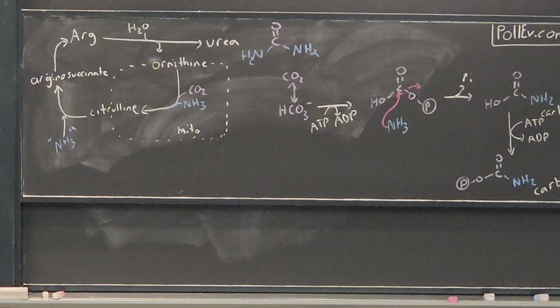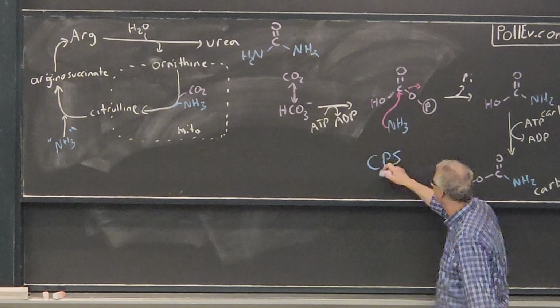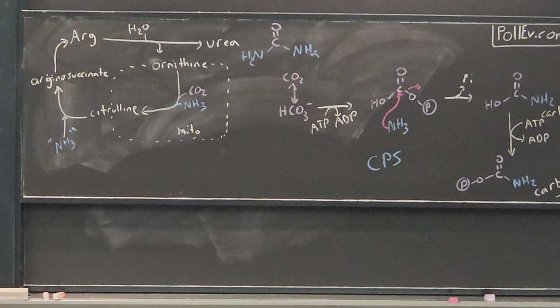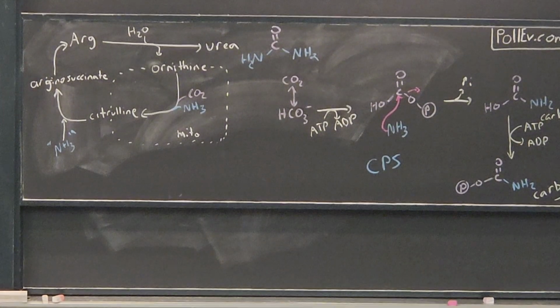All right, so carbamoyl phosphate: this entire set of reactions, basically CO2 and ammonia, 2 ATP, everything that I drew here is catalyzed by an enzyme called CPS, or carbamoyl phosphate synthase. Names of the enzymes are not that important, but carbamoyl phosphate is what's generated in the mitochondria. So conditions in the mitochondria help you generate carbamoyl phosphate.